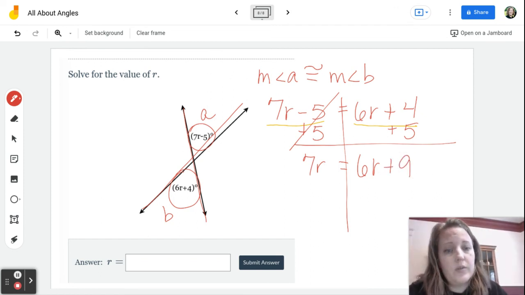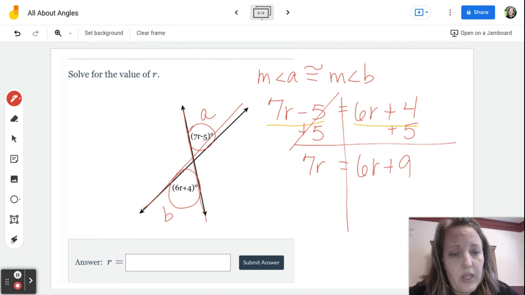Now let's deal with this term here, 6r, and this term here, 7r. We need to combine them, but in order to do so, we need to use inverse operations. So a positive 6r right here, the additive inverse is a negative 6r.